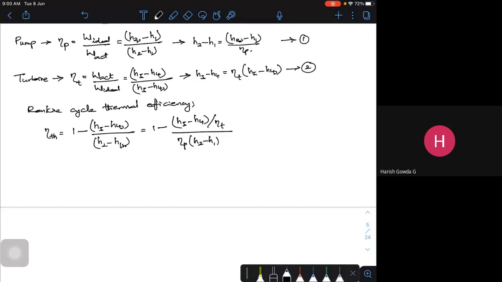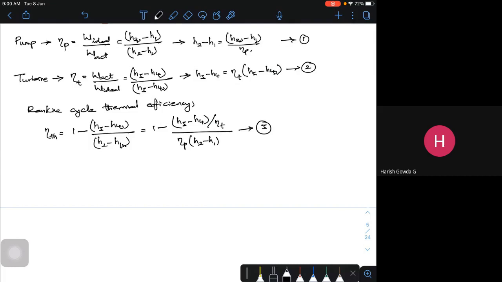So if I do it, what will happen? Say for example, your turbine efficiency is 0.9, and maybe your pump efficiency is around 85%. So I could see a drop in your Rankine cycle efficiency because of this kind of actual working conditions.